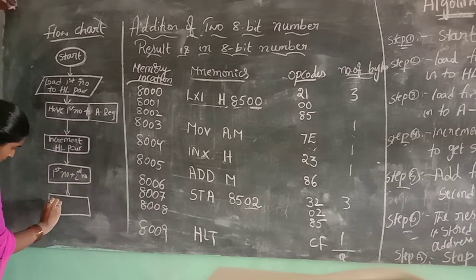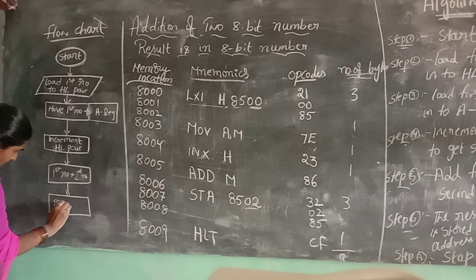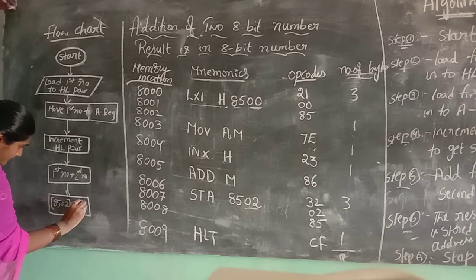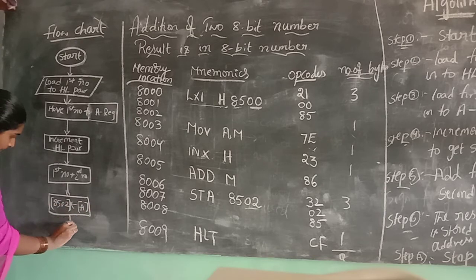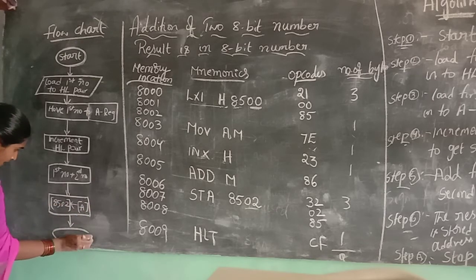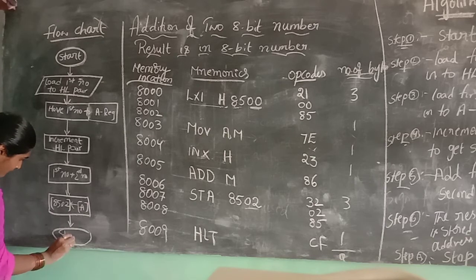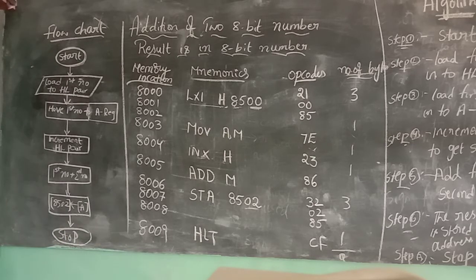Here, what is the specified location? 8502. The data which is present in accumulator is moved into 8502. And finally, stop the program. This is the flowchart of addition of two 8-bit numbers.